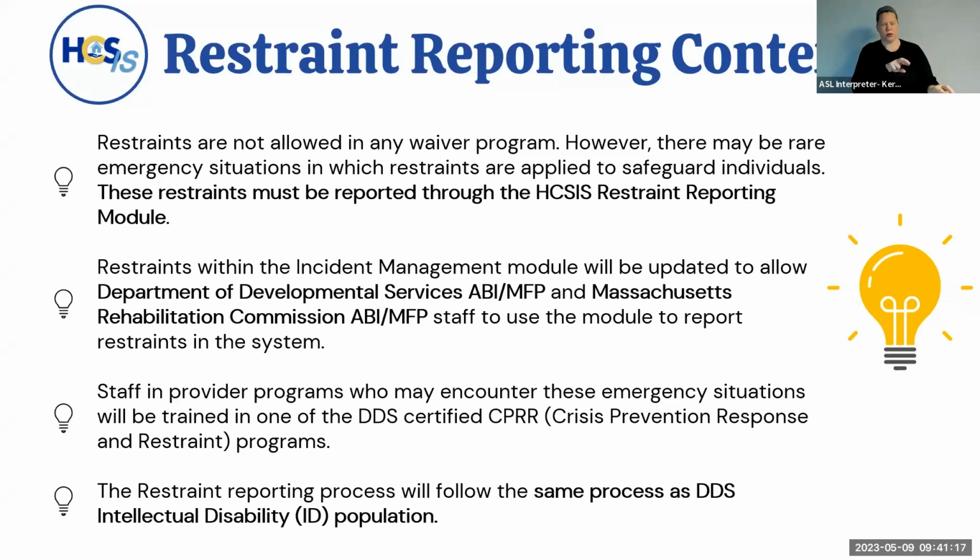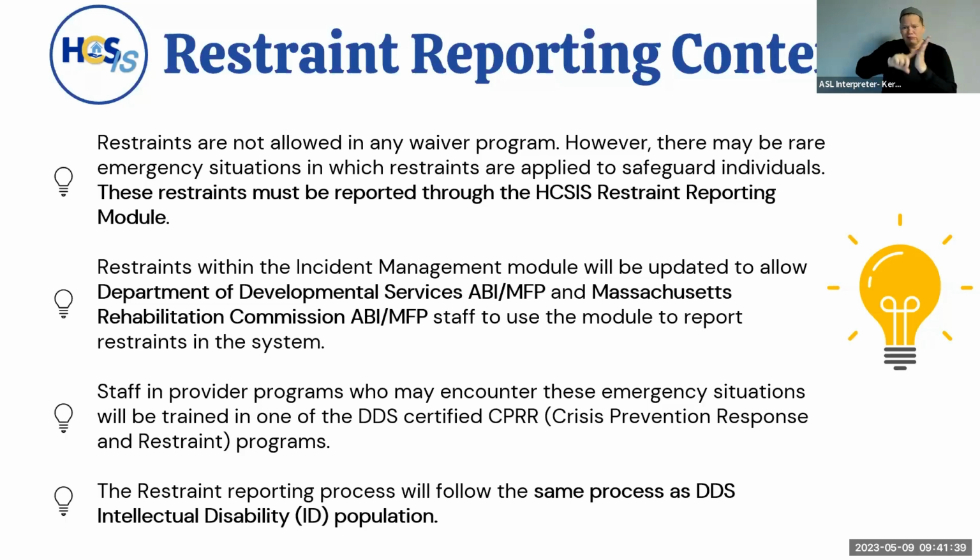Previously, ABI-MFP waivers required that any restraint was reported to DPPC. This was not an optimal solution, given that restraints applied in an emergency are typically not reportable to DPPC.